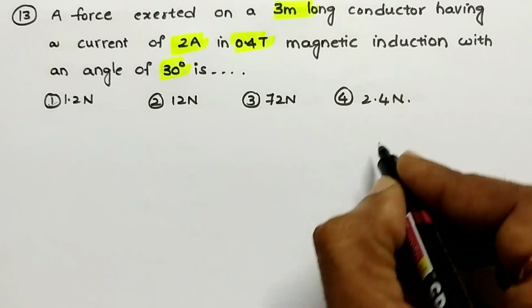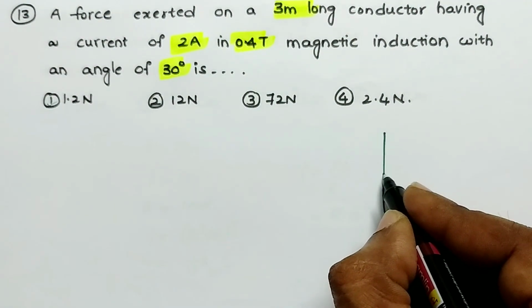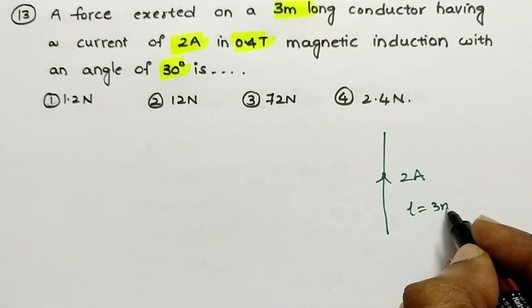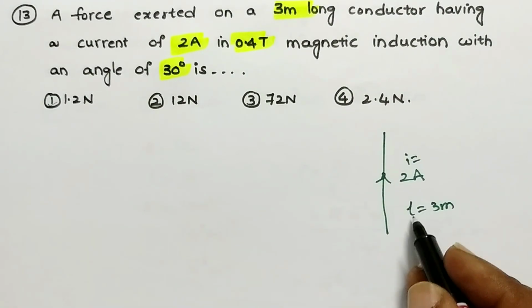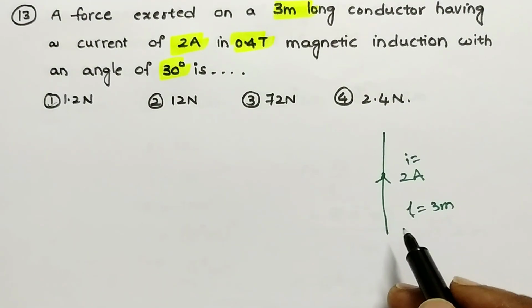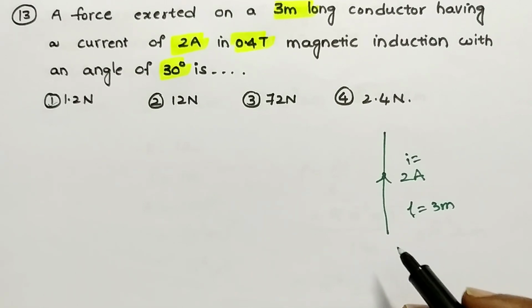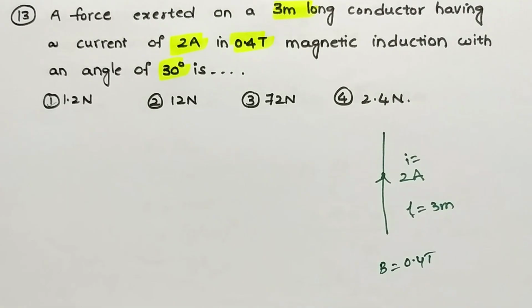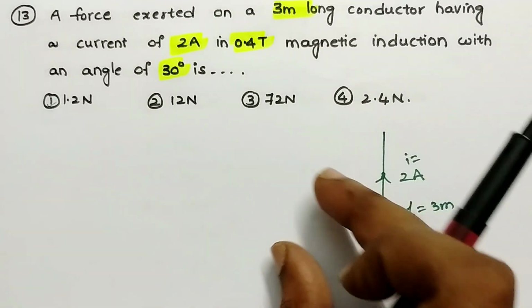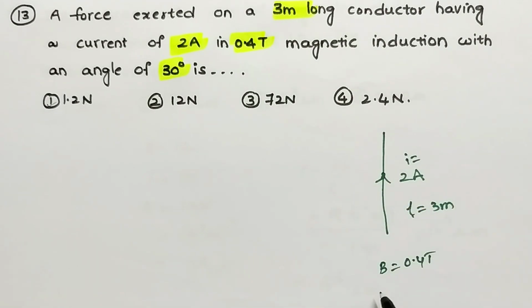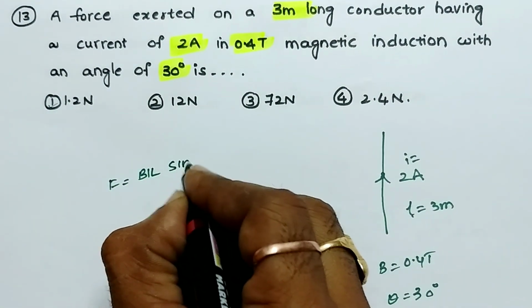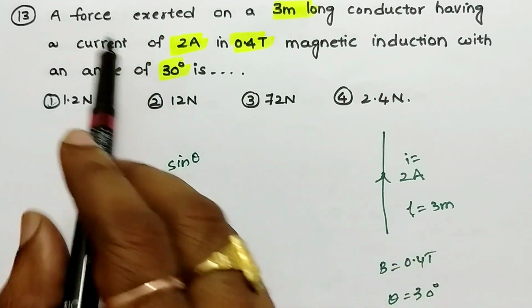So here is a conductor carrying current 2 amperes, length 3 meters, and arranged in a magnetic field of induction B, 0.4 Tesla, at an angle of 30 degrees. The formula is F is equal to BIL sin theta. So we have to find the force.